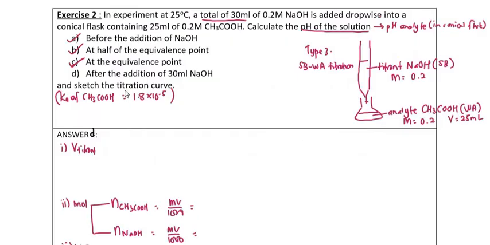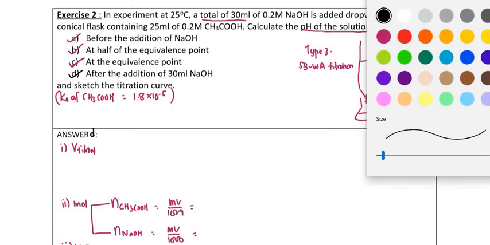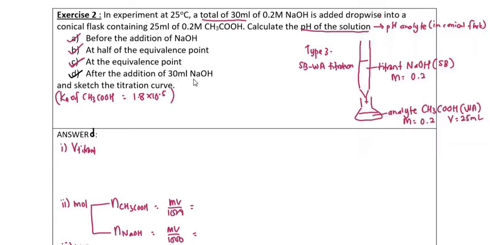Okay, we continue with question 2D. Calculate pH after addition of 30 ml NaOH. As I said before, when you say the total is 30 ml, that means this is the final volume of titrant that was added to the analyte.